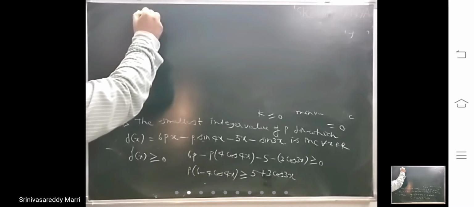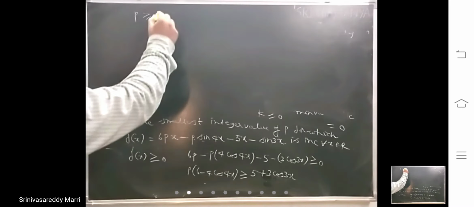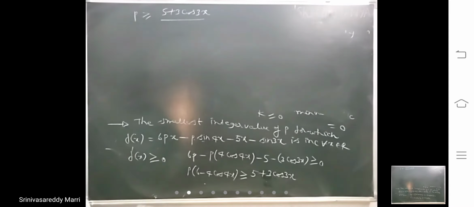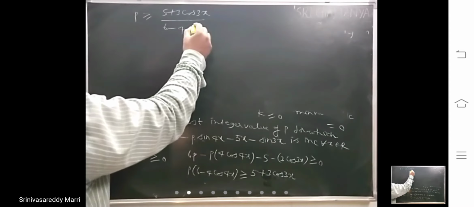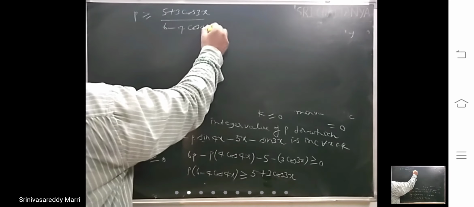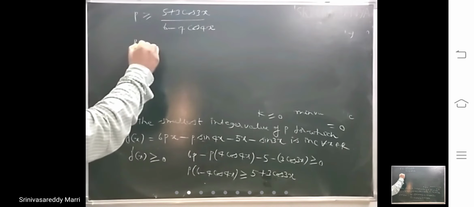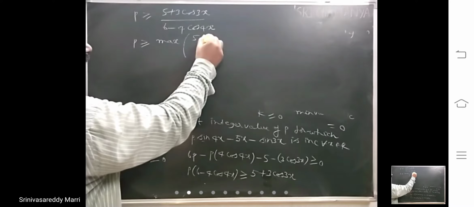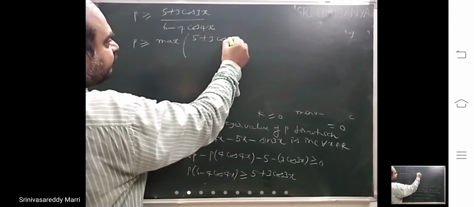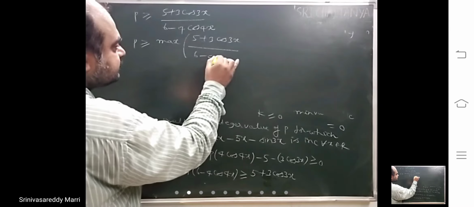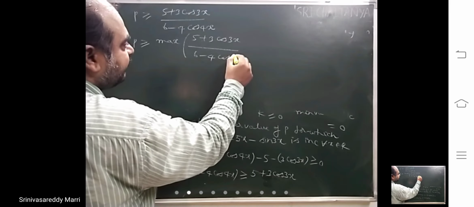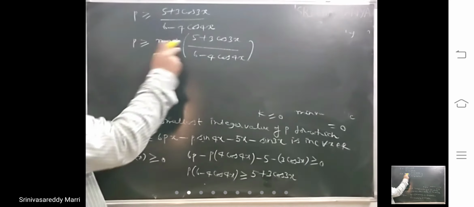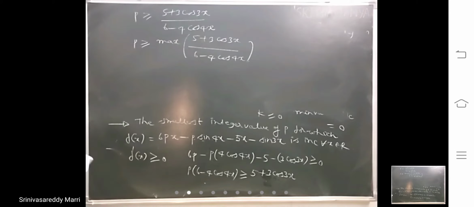So p is greater than or equal to (5 plus 3 cos 3x) divided by (6 minus 4 cos 4x). That means p is greater than or equal to the maximum value of this function.